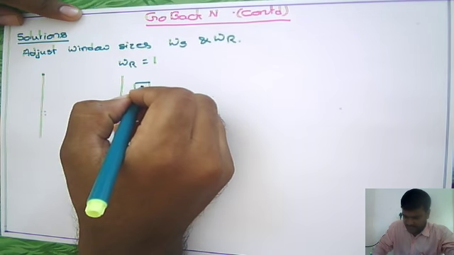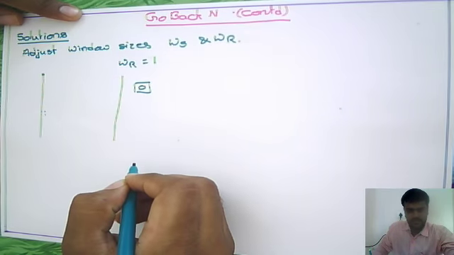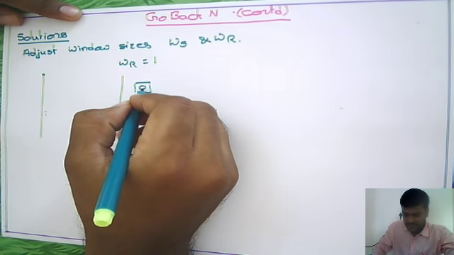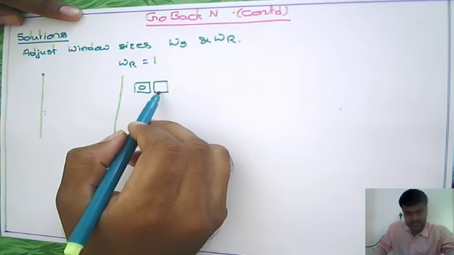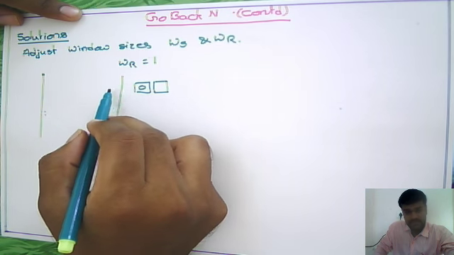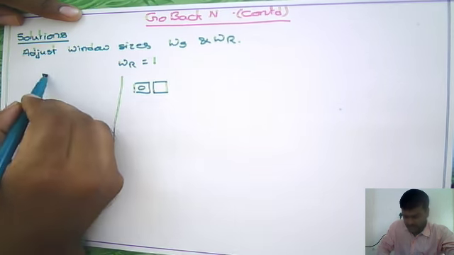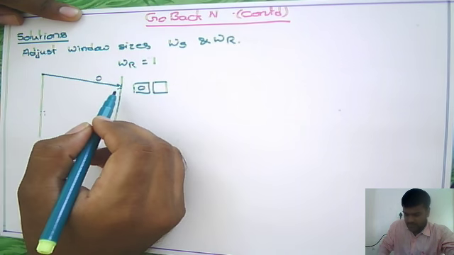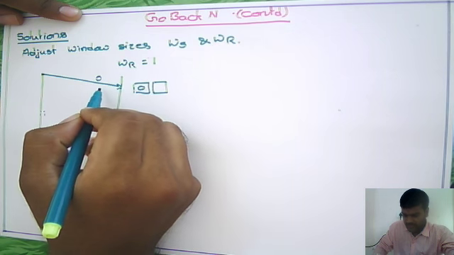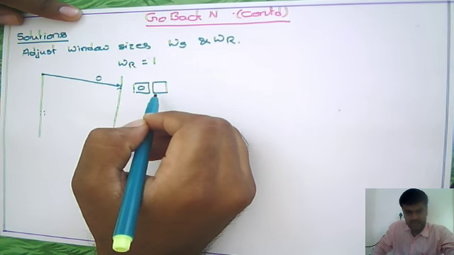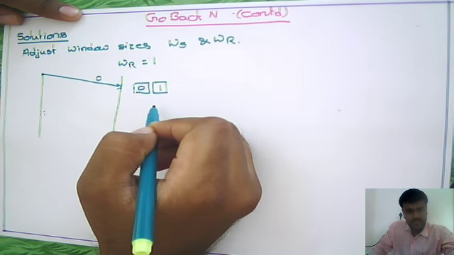Suppose the current packet received is 0, then it is expecting the current packet plus 1, meaning it is expecting sequence number 1 as the next packet. First it received 0, so it is expecting the next packet as 1. If it receives sequence number 1, then it will consume it.